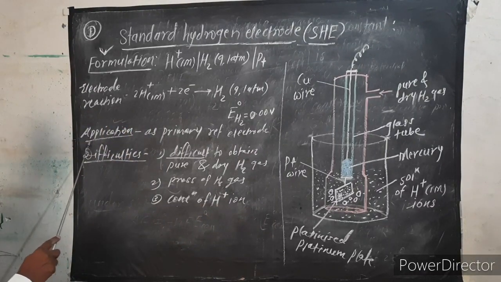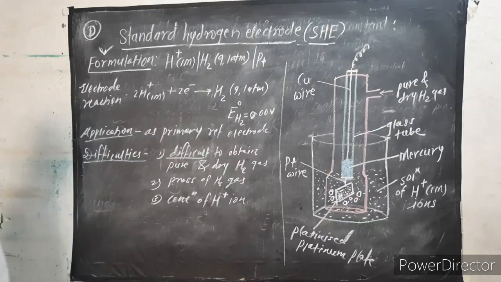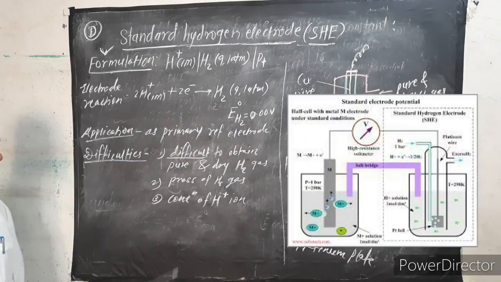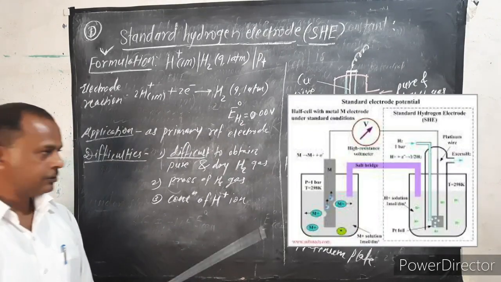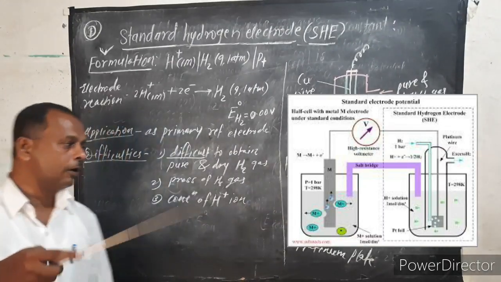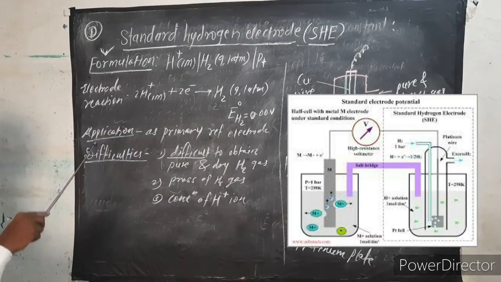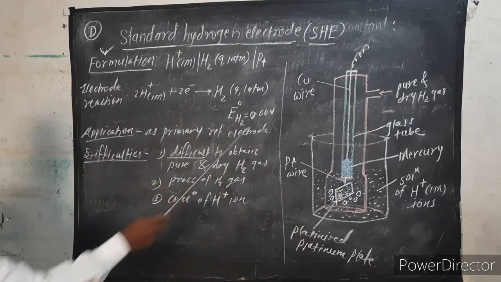The application is that it is generally used as a primary reference electrode, as it determines the standard potential of other electrodes. That's why it is used as primary reference electrode.